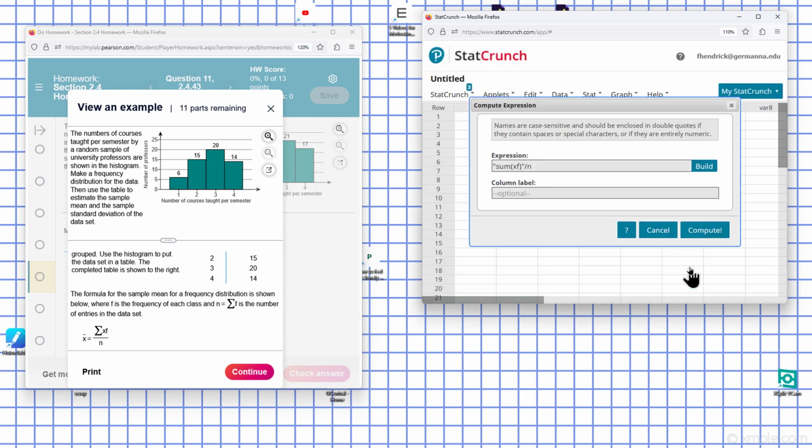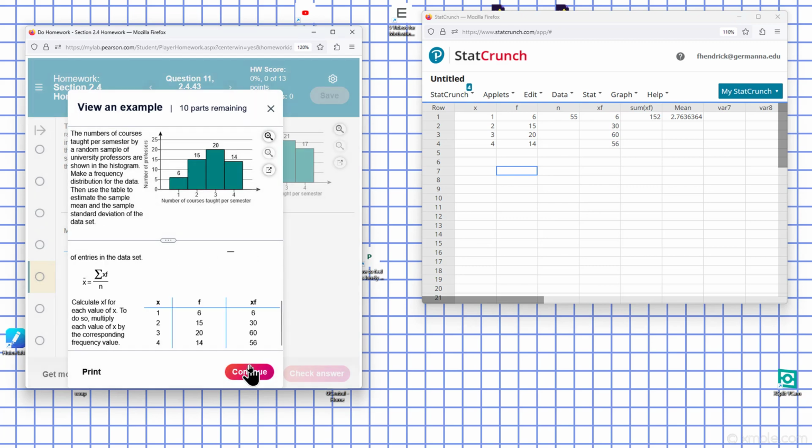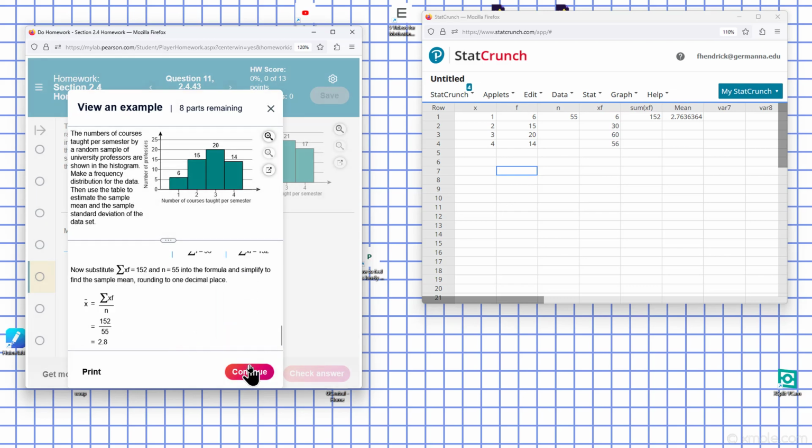Hit OK, and I'll call this the mean. And there's my mean. So my mean is 2.8, and you can see the completed table up here.